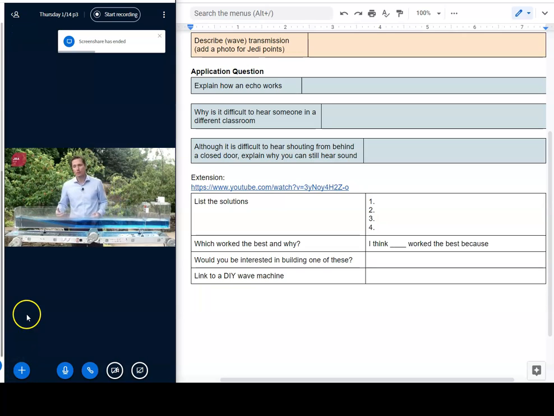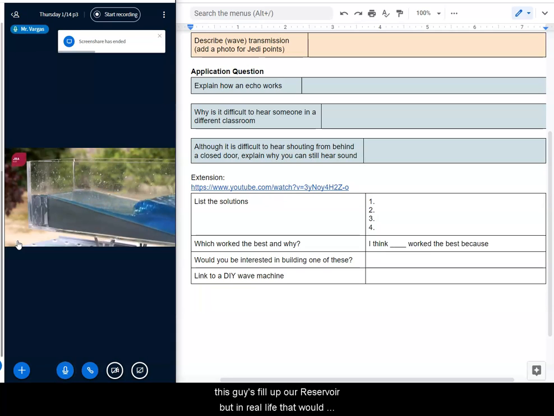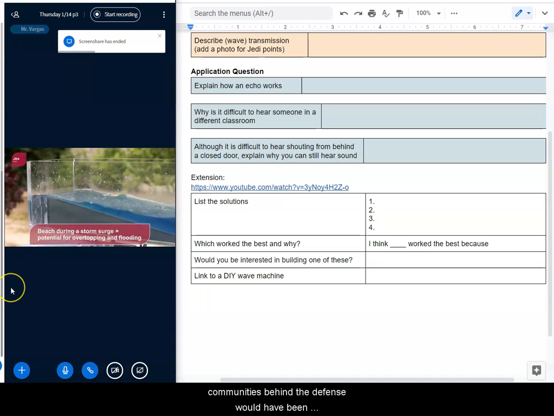And what we saw is that even though the waves were breaking, there was still enough energy for them to roll up over the dunes, in this case fill up our reservoir. But in real life that would have meant that any houses or properties or communities behind the defence would have been completely flooded.